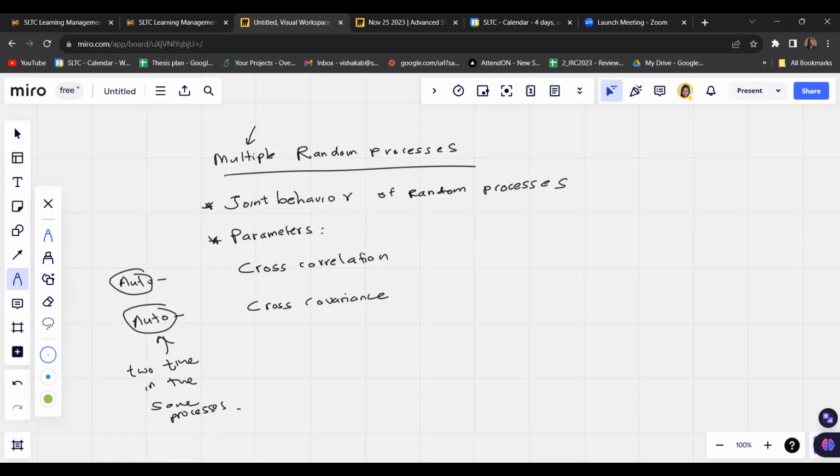In the case where we consider the same random process, we call those statistics autocorrelation and autocovariance.